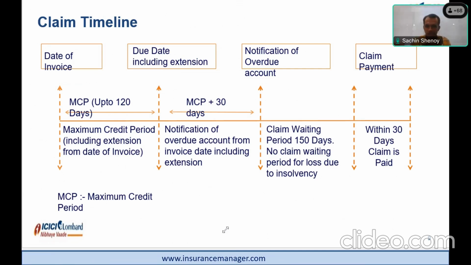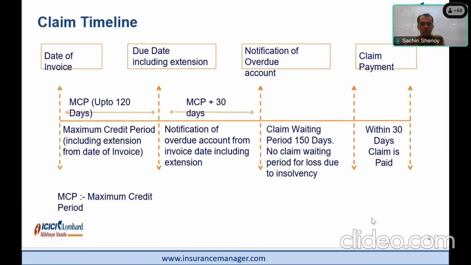This 150 days is the timeline allowed to them so that they can amicably get the money from your buyer, and whatever is recovered in this period will reduce the debt. After the completion of 150 days, if there is no recovery or partial recovery, 90% of your outstanding amount will be paid by the insurance company as a claim in the next 30 days.